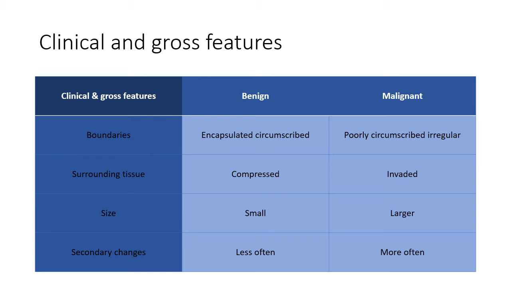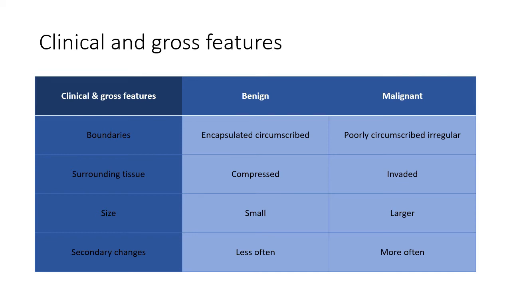Coming to the size, obviously benign tumor is small and malignant tumor is larger. And as far as secondary changes are concerned, secondary changes like hemorrhage, infarction, ulceration, these are seen less often in benign tumors and more often in malignant tumors.